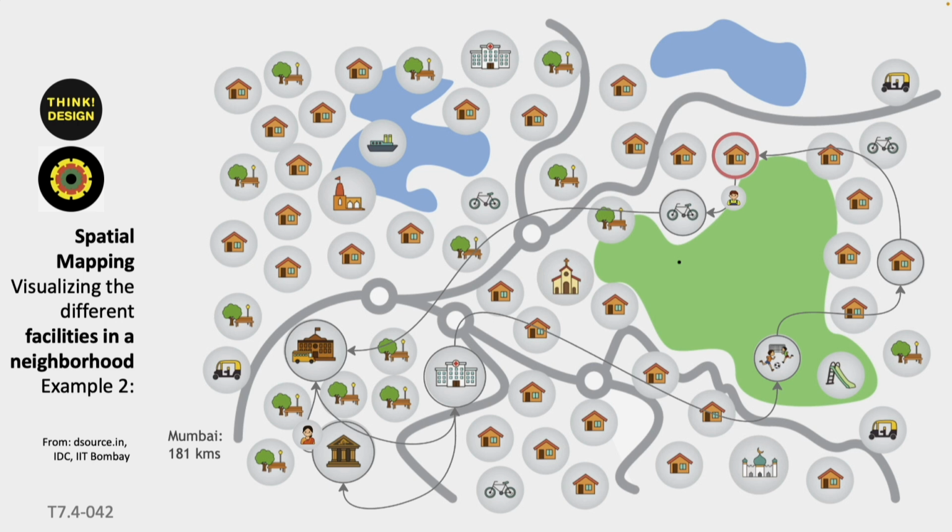You can see the green park areas and the lakes at one glance, and you can see that the households are surrounding everywhere. There's a temple, there's a church, and all these surround this region. There's a mosque there.